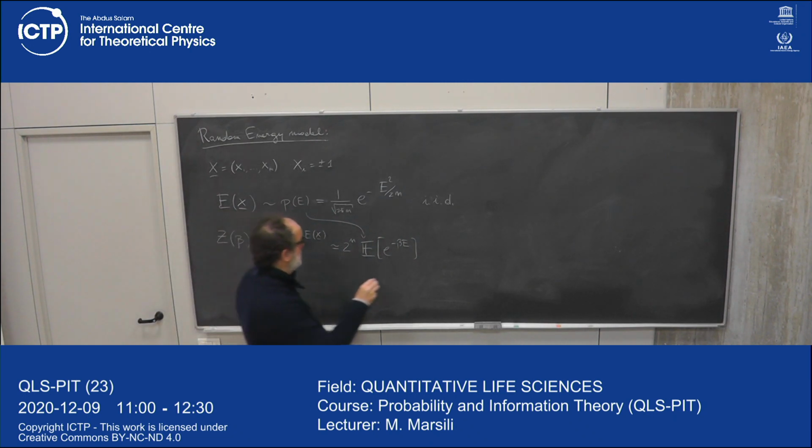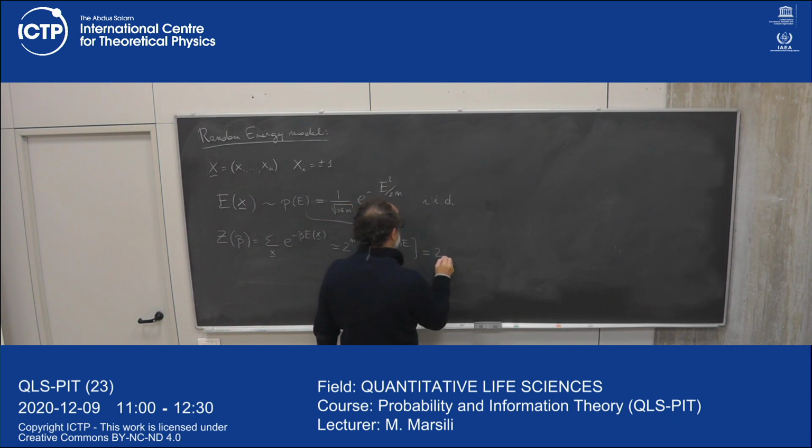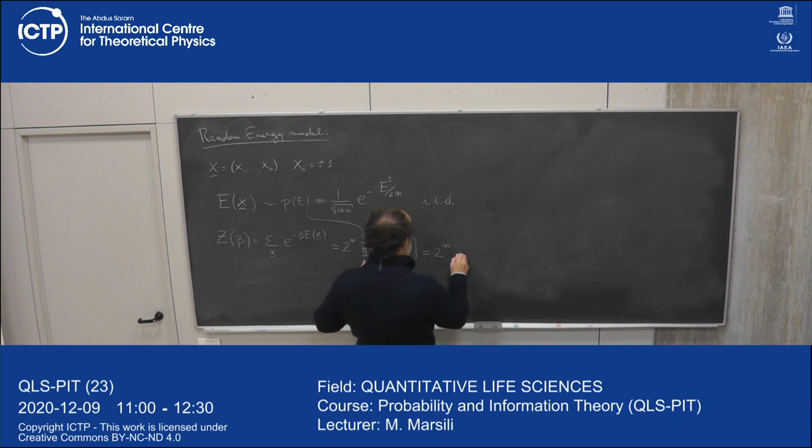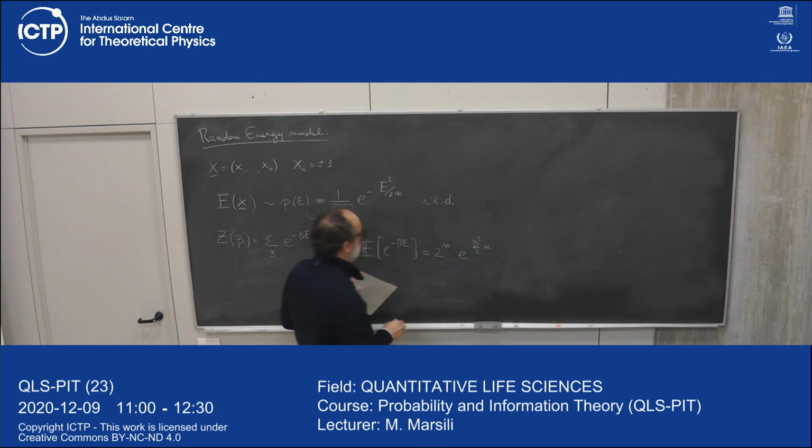Okay, and so what is this? Well, if you compute this expected value, then this is just e to the beta squared over 2 times n.